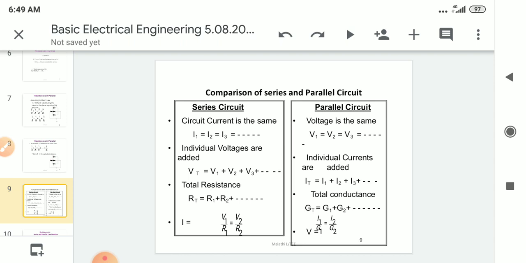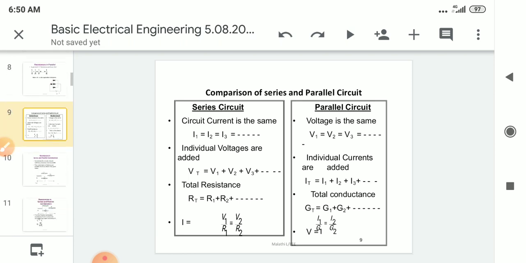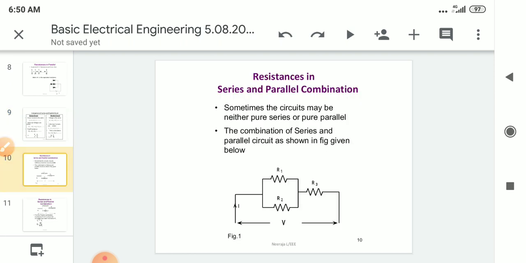I total is equal to I1 plus I2 plus I3, and so on. Total resistance RT is equal to R1 plus R2 and so on. Total conductance GT is equal to G1 plus G2, and so on. Here I is equal to V1 by R1 or V2 by R2, and V is equal to I1 by G1, I2 by G2, and so on. This is the comparison of series and parallel circuits.